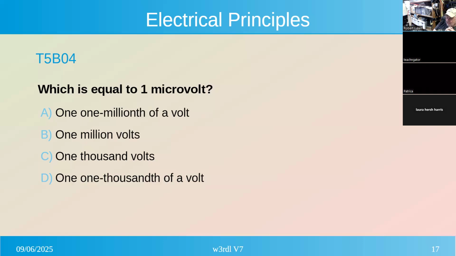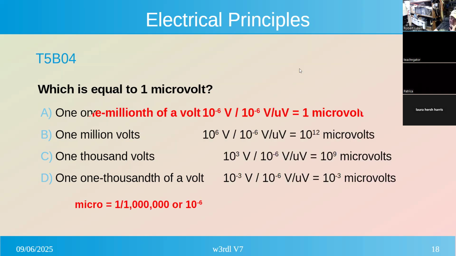So maybe it's delta. Yeah, I think you're right. 1/1000th of a volt. No, many more. 1/1,000,000th of a volt. I'll say alpha. Microvolt is a millionth of a volt, 10 to the minus 6.